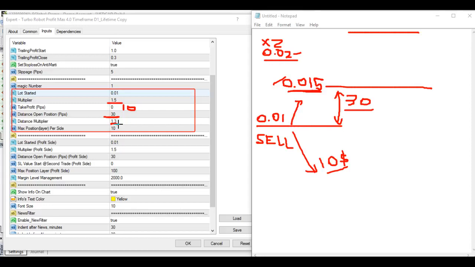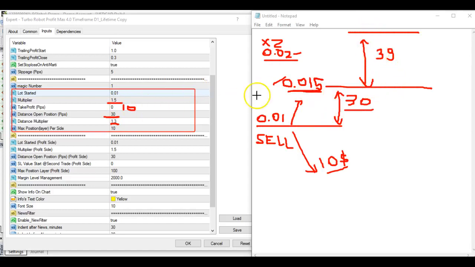The next distance position here will be 39 pips. Okay, because you're using 1.3. So 1.3 multiplied by 30 pips distance gives 39 pips for the next position.